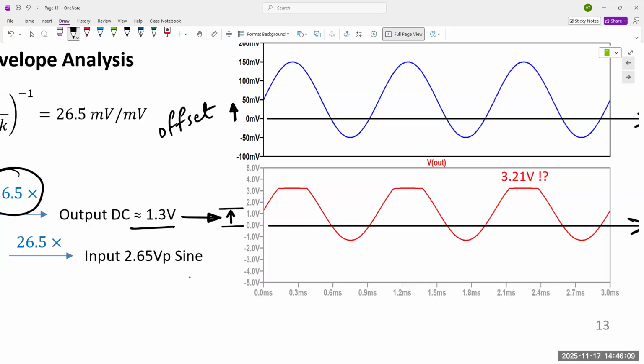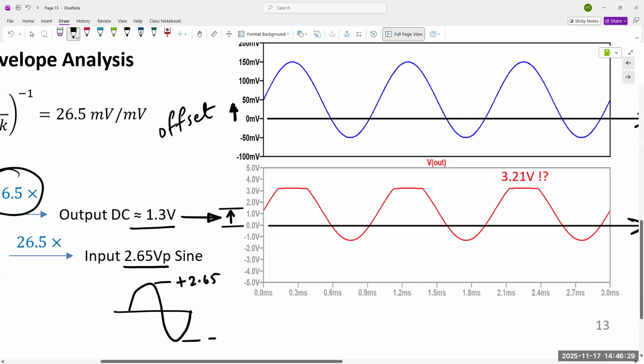Also, if you notice, my AC output is supposed to be 2.65 volts peak, meaning plus 2.65 and minus 2.65 in the positive and negative directions. And then, of course, it is shifted up by 1.3 volts. This is 0 volts.